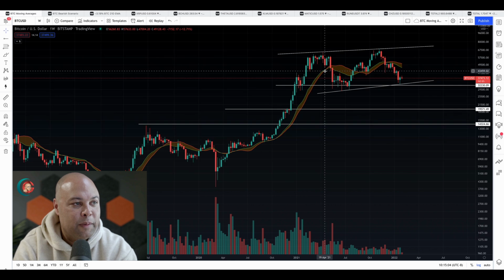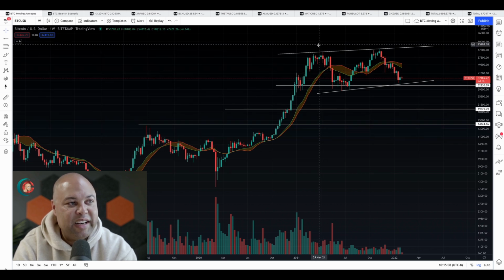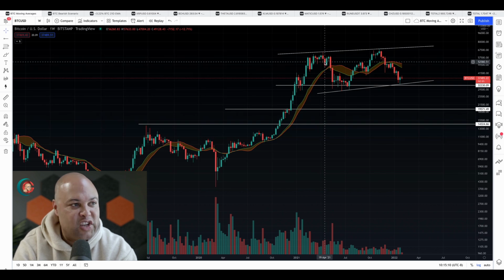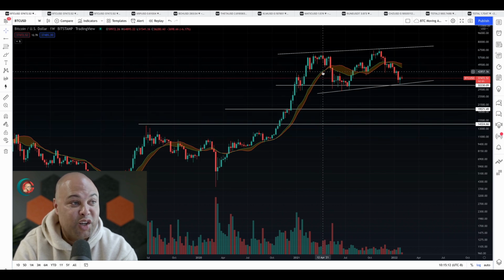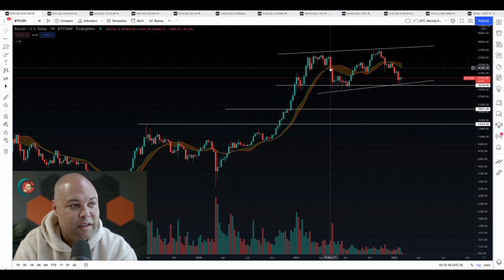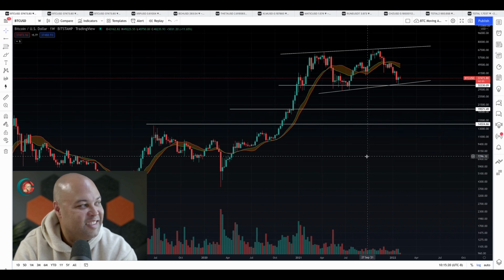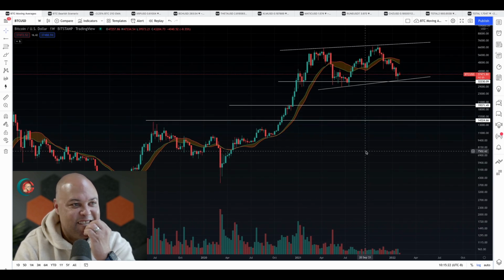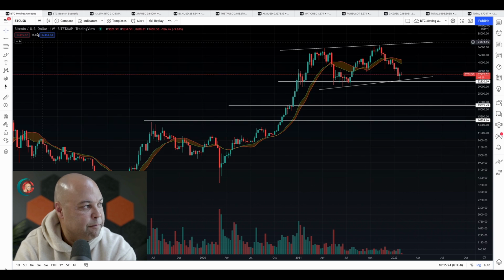If you look over here, the green broke beneath the red before we saw any major bearish action. So the green broke beneath the red before the price broke beneath the support band.